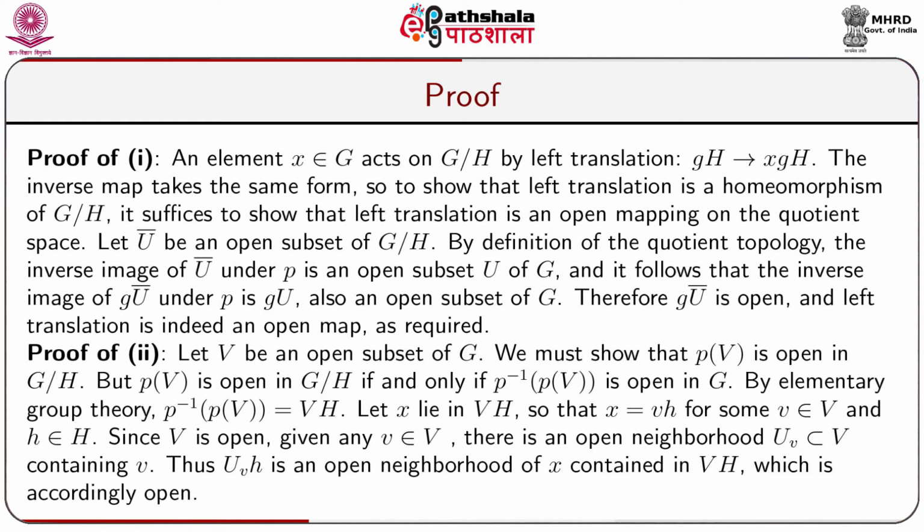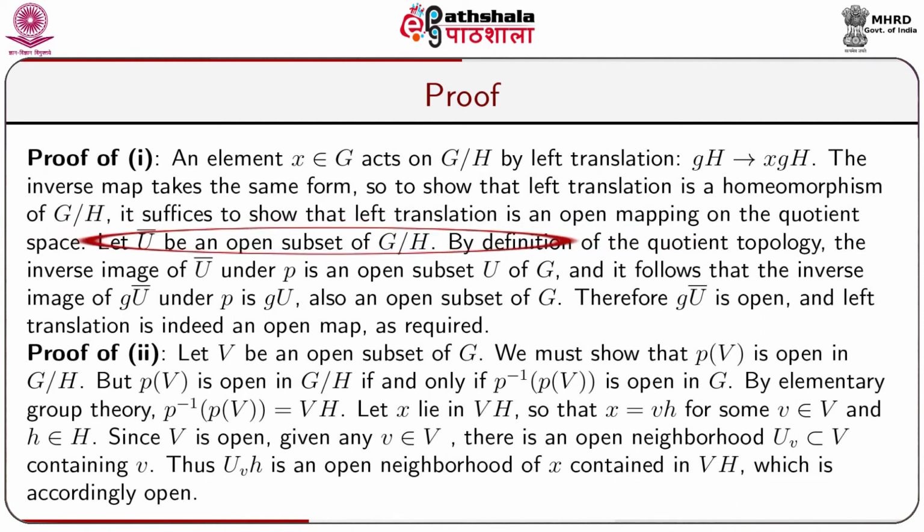The inverse map takes the same form. So, to show that the left translation is a homeomorphism of G by H, it suffices to show that left translation is an open map on the quotient space.